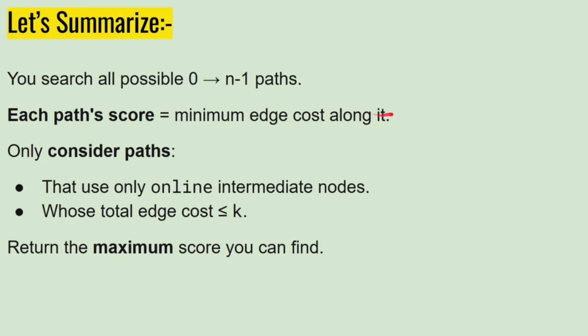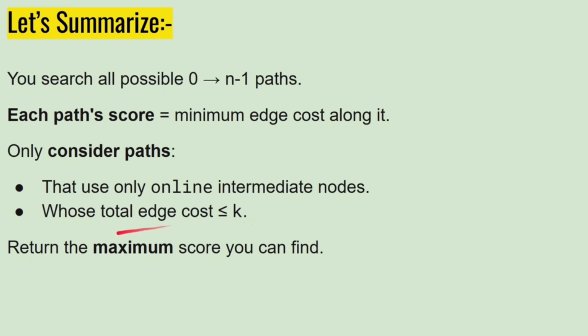So let's summarize this. You search all the possible paths from 0 to n minus 1. Each path score is the minimum edge cost along it. Only consider paths that use only online intermediate nodes and whose total edge cost is less than or equal to k, which we have seen in the tricky part.